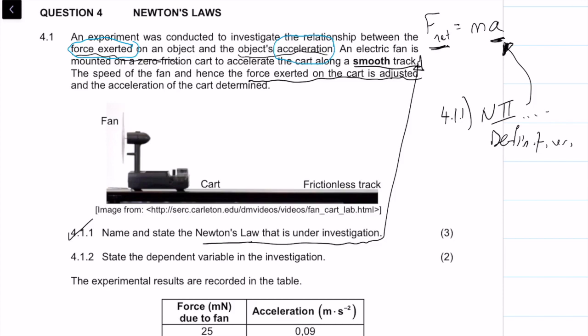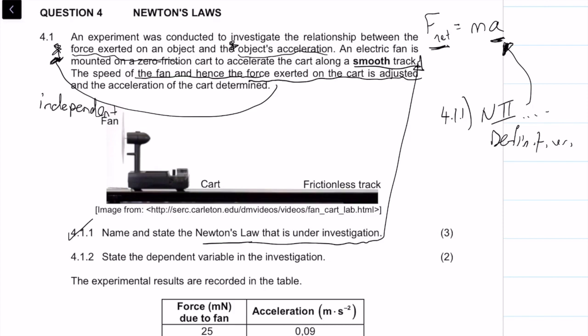If we read the first sentence, it says we want to investigate the relationship between the force and the object's acceleration. Those are our 2 variables, and we know that the speed of the fan and hence the force exerted, so the force we are controlling, is the independent variable.